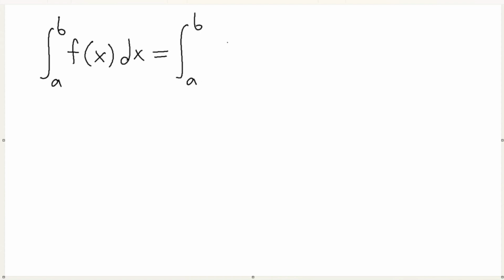So in King's rule, we'll have an integral like this. And in your calculus textbook, you probably saw this before, but never really used it. Now, the calculus textbook only told us this formula here, that the integral of f of x is equal to the same function but with a plus b minus x, where a and b are the bounds.